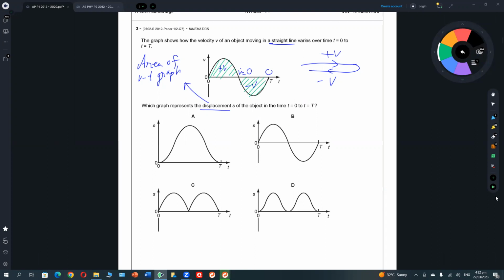No, this is maths. You do not need to find the area. You just have to decide that the graph, because the object is coming back, the displacement will keep on increasing when you return.